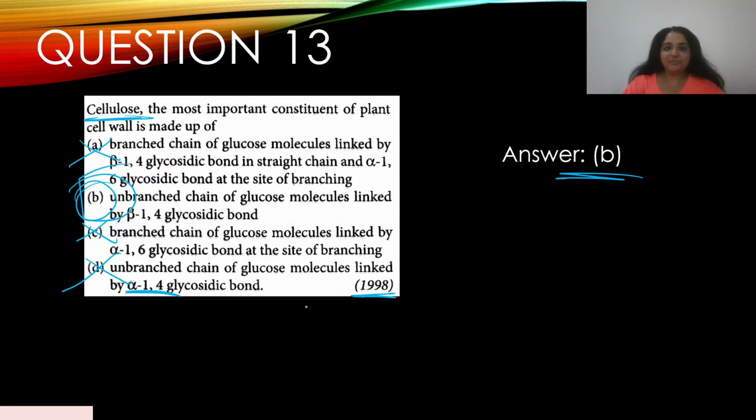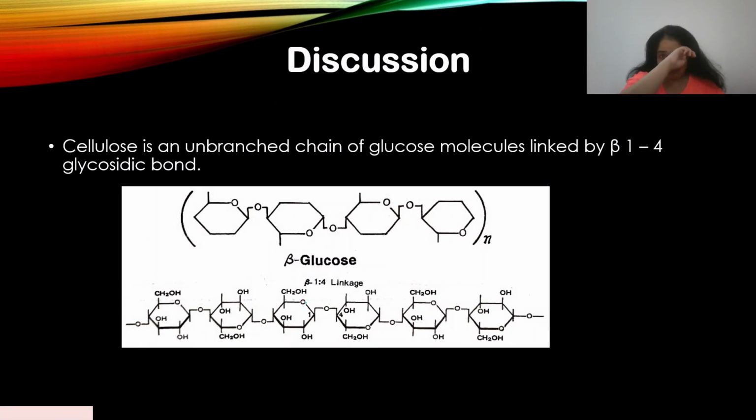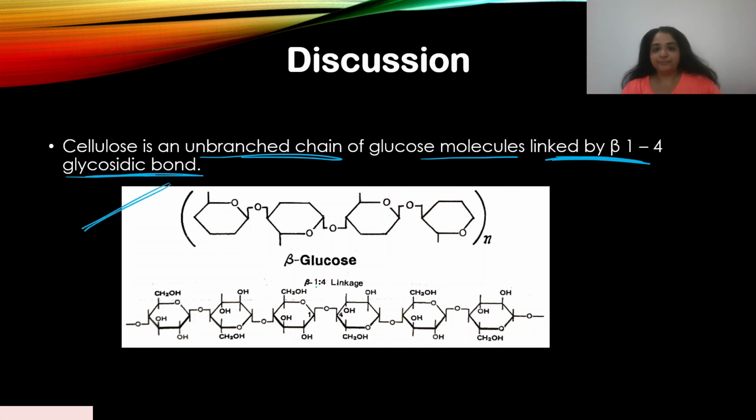Let's go to the discussion. So cellulose is an unbranched chain of glucose molecules linked by beta-1,4-glycosidic bond. This is the structure of cellulose. You have the beta glucose, and glycosidic bonds formed here.